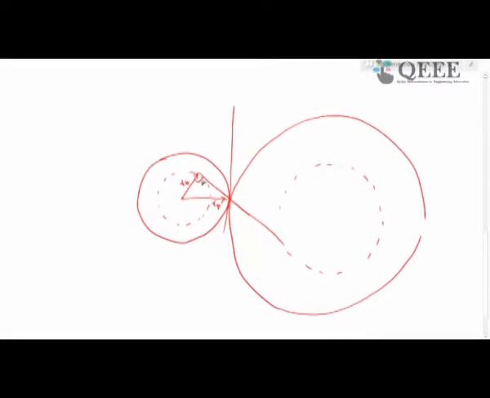So this angle is phi, which is the pressure angle. This is also 90 degrees, so this is 90 minus phi, which means this is also phi. Therefore, you have a right angle triangle between RB and RP.